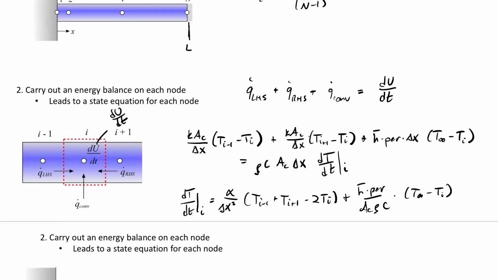So that is for all nodes i equals 2 to n minus 1.